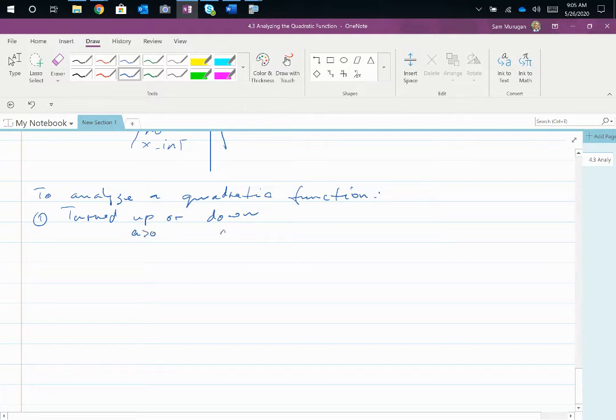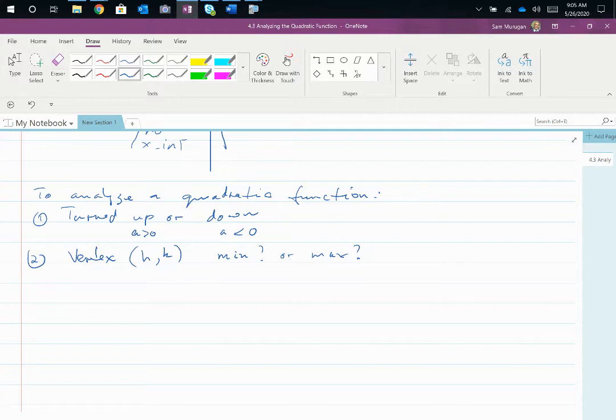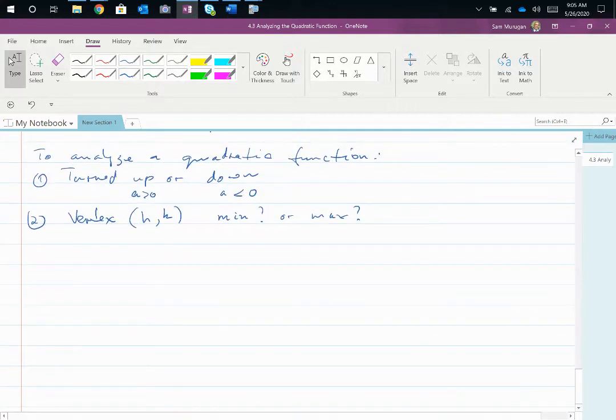And to be turned down, a has to be less than 0. The second step is to find the vertex, h and k, and decide if it's minimum or maximum. Okay? And we know that if it's turned upwards, it will be a minimum. If it's turned downwards, it will be a maximum.